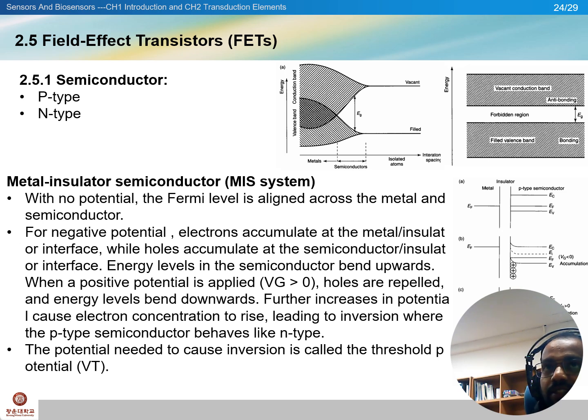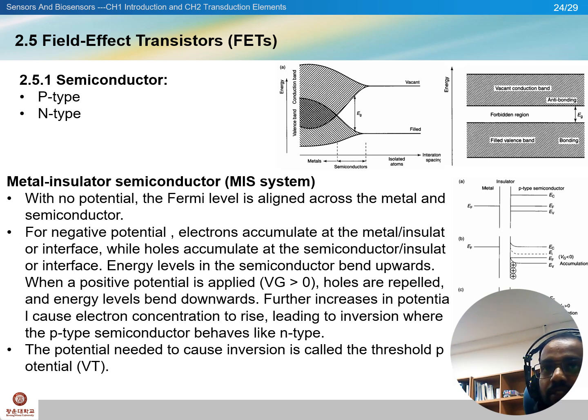Field effect transistor, FET. Semiconductor: there are two types of semiconductor, P type and N type. P type has holes as the majority carrier, whereas N type has electrons as the majority. Metal insulator semiconductor: with no potential, the Fermi level is aligned across the metal and semiconductor.